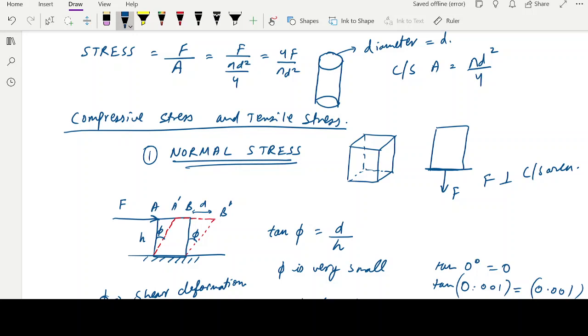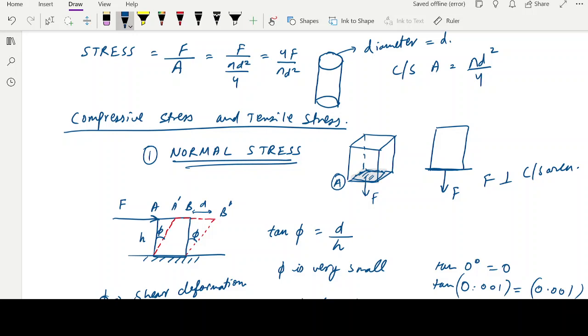This is the area which is acted upon by F. This area is the cross-sectional area A. The force applied on the object is perpendicular to the cross-sectional area. This is why the stress produced due to this kind of application is known as normal stress.